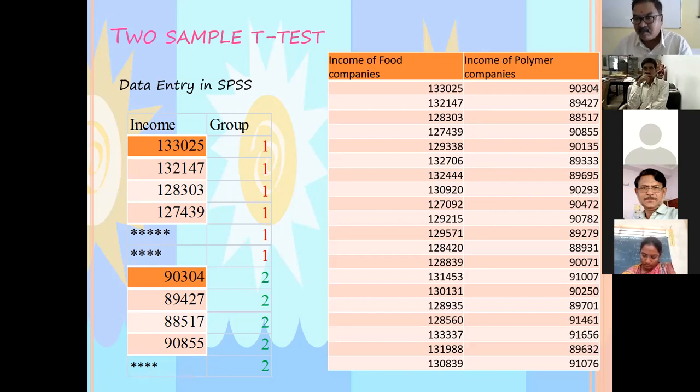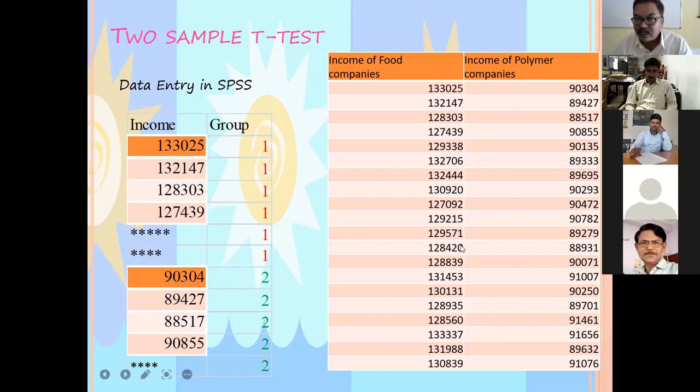You can take any examples. The marks of male and the marks of female. So whenever you have a ratio scale variable for two groups of observations, then you have to conduct a two sample t-test.